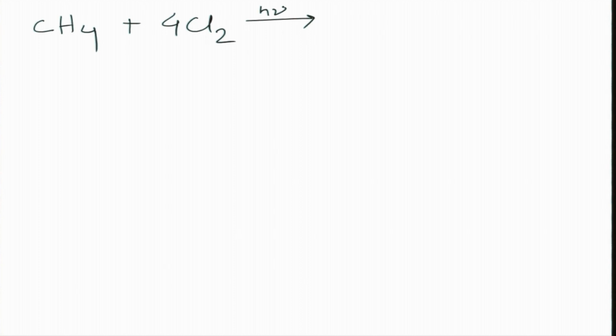In presence of h nu, that is sunlight or UV light, this is the total reaction. Methane plus 4Cl2 gives CCl4 and 4HCl. Okay. So, let us see how this occurs.